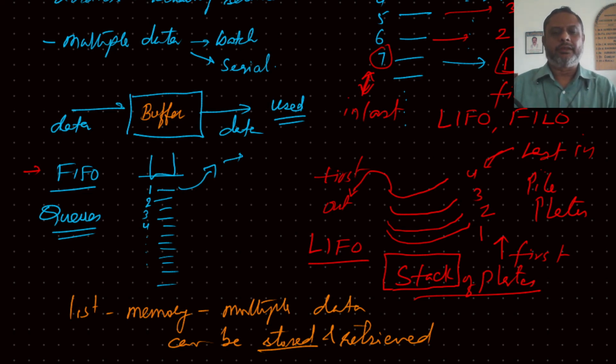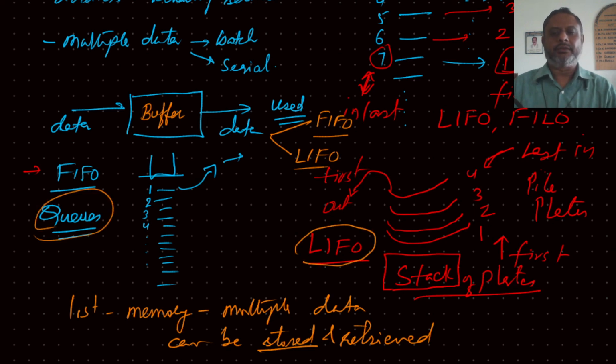So nothing on the storage side, but on the usage side or retrieval side, there are two ways of retrieving. The one which comes first comes out, or the one which is last in comes out first. So there are two ways of implementing. First in, first out is called a queue, and last in, first out is called a stack.